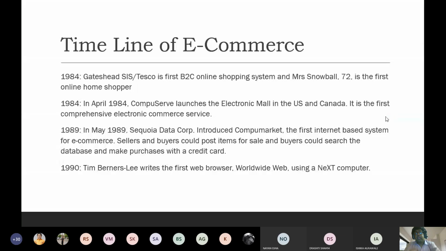So, NeXT Computer was one of the earlier computers, founded by none other than the founder of Apple, Steve Jobs. These computers were not really good as such.